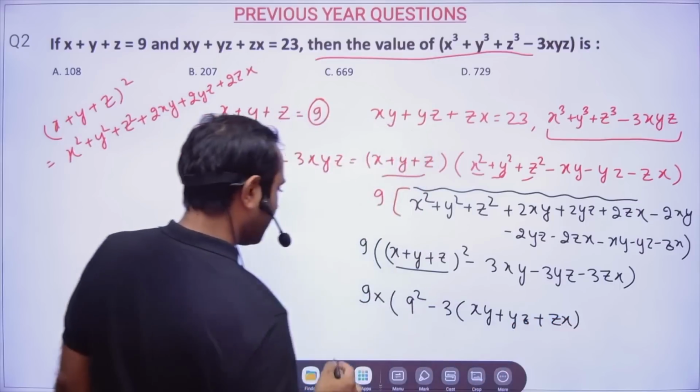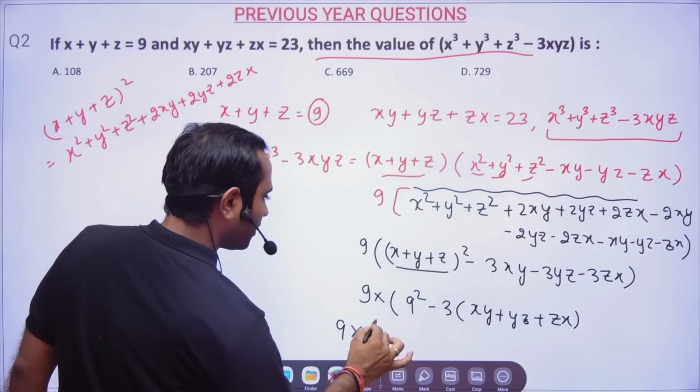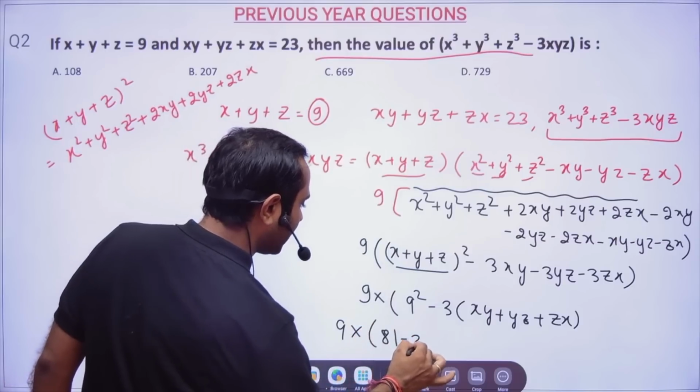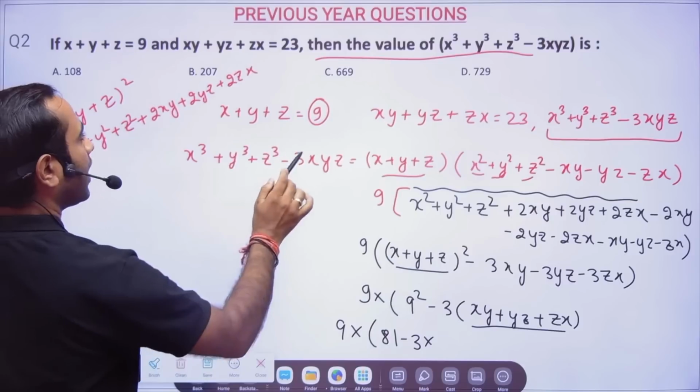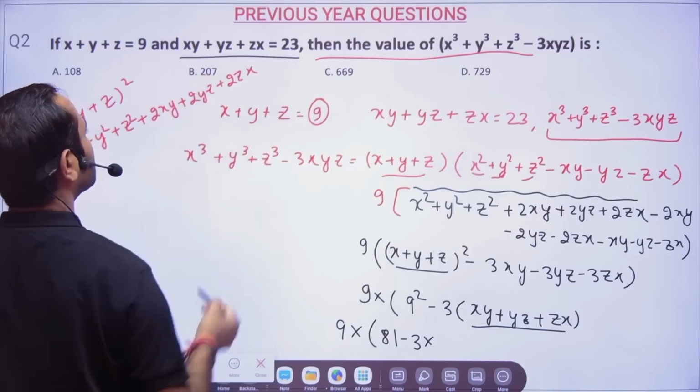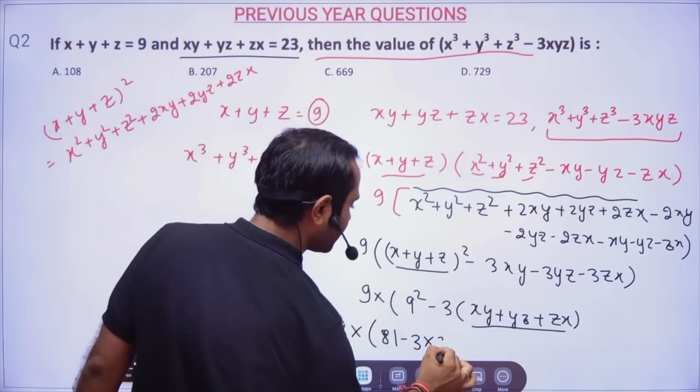So 9 square will be 81, minus 3 into, this value they have already given, xy plus yz plus zx is 23, right?